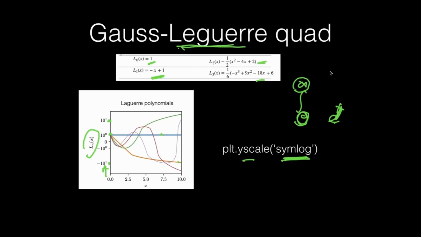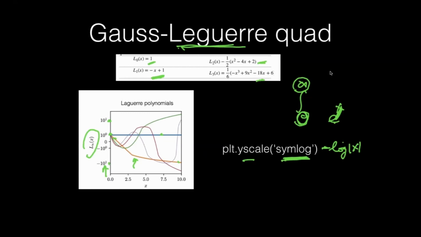Symmetric log means if some number is negative, then it takes the log of the modulus of that object and puts a minus sign. So this orange line is negative, but I take the mod of that, take a log and put a minus sign. Okay, so that's a very useful thing for illustrating functions which are growing with x.